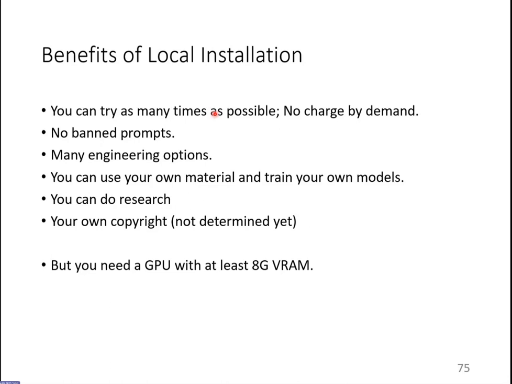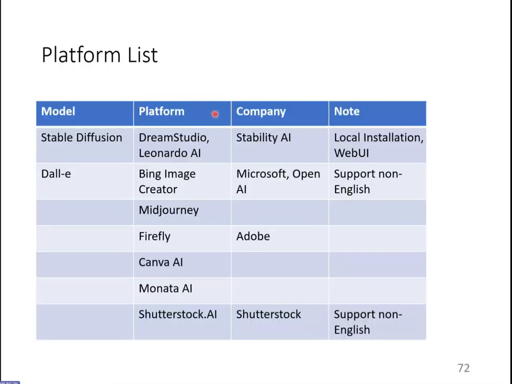You can try anything, and there are many engineering options. So with Stable Diffusion installed locally, you can become a researcher. You can do anything, but it is not so convenient, and it is hard to control. So it's really up to you. If you just want to try it, you can try those online platforms.